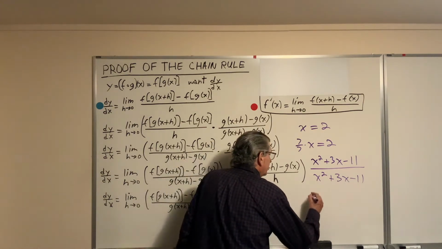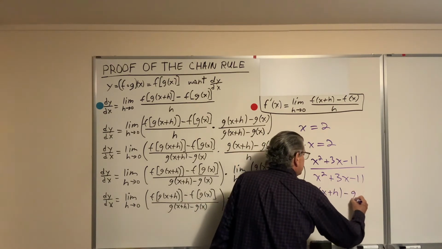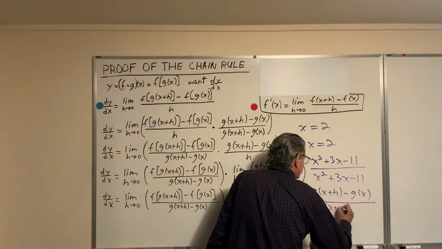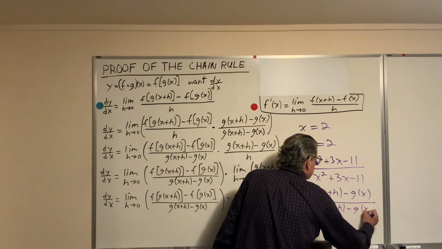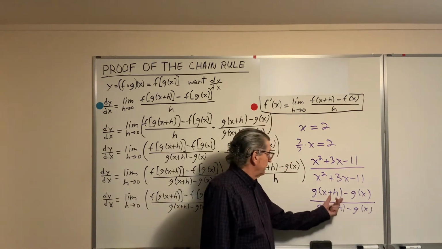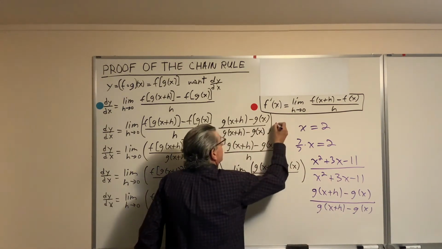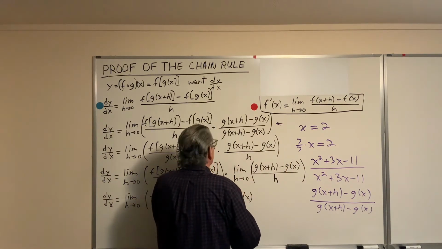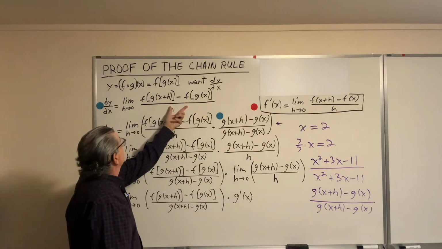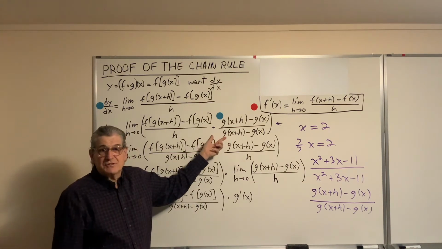All right, so what we're going to use is g of x plus h minus g of x, all over g of x plus h minus g of x. Someone thought hard to come up with this 1, because this is what we need to prove this. So this is just 1. If I multiply by this, it doesn't change anything. So here it is, right here. Here's my 1. I just put this inside the limit. Nothing's changed here.